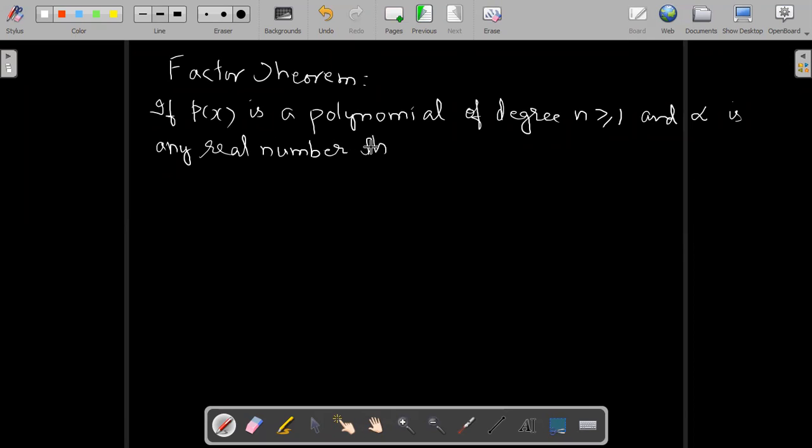Then there are two things. It gives two statements.